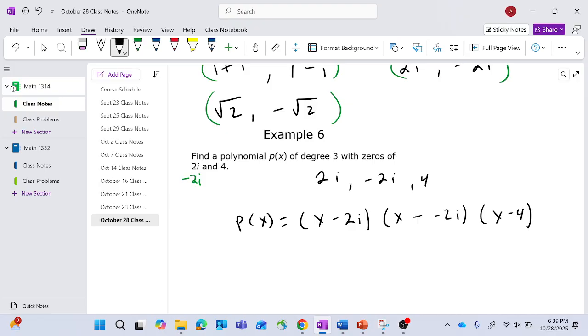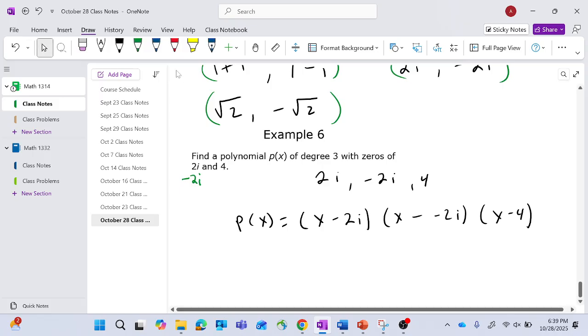Essentially, the factored form is just x minus your zero: x minus 2i, x minus negative 2i, x minus 4. That is your factored form of your polynomial. That's what the linear factorization theorem is saying. It's just that every solution, or your factored form of a polynomial, sorry, is just x minus that solution, or x minus that zero. Does that make sense, guys? Any questions about that? All right.